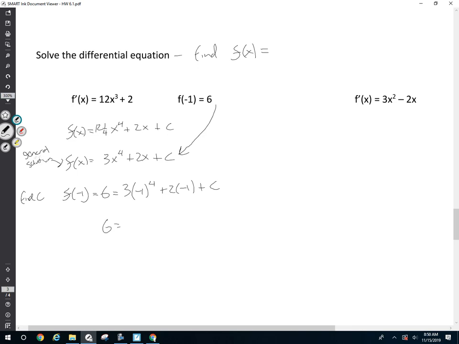And then I can solve. That's 3 minus 2 plus c. 1 plus c. C is going to be equal to 5. And there is my solution. F of x must be 3x to the 4th plus 2x plus 5. This function has the point -1,6, and its derivative is 12x cubed plus 2.